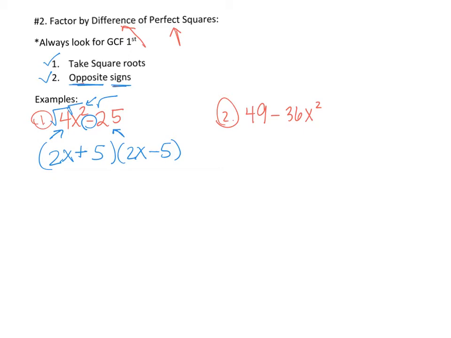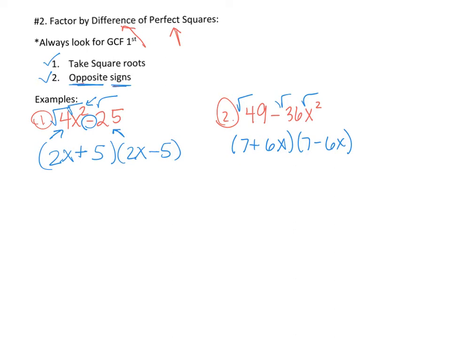Great, it works. So now I'm going to take my square roots. Square root of 49 is 7. Square root of 36 is 6. Square root of x squared is x. One gets a plus, and one gets a minus. Right? So this one's pretty straightforward.